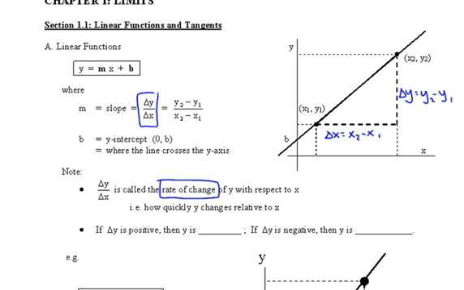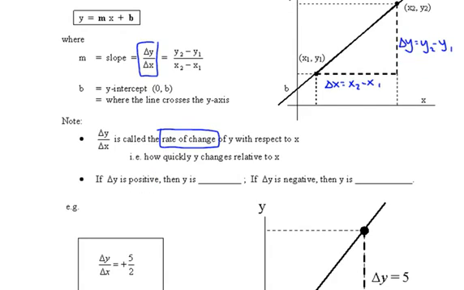So the delta y over delta x is the rate of change of y, the change of y, with respect to x. It's a new way to say some stuff here. So how quickly is y changing relative to x? So if my slope is 2, then basically my y is changing 2 times faster than my x.